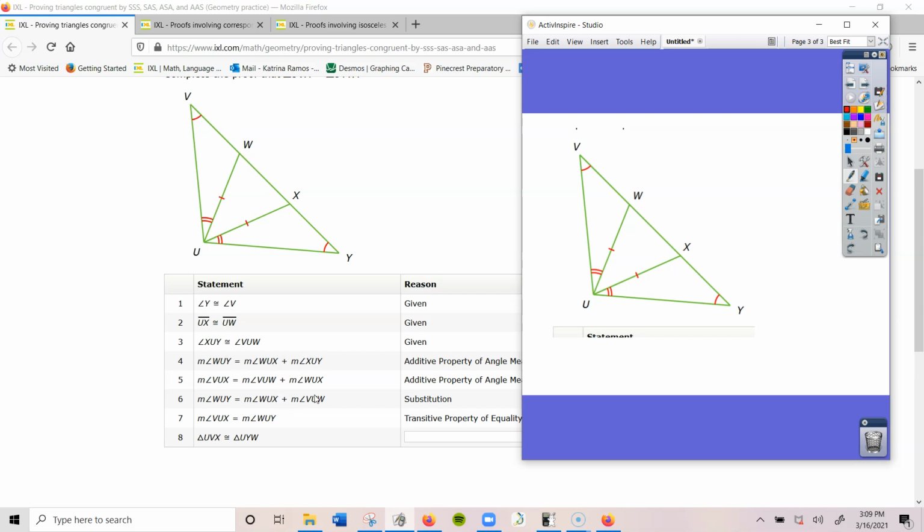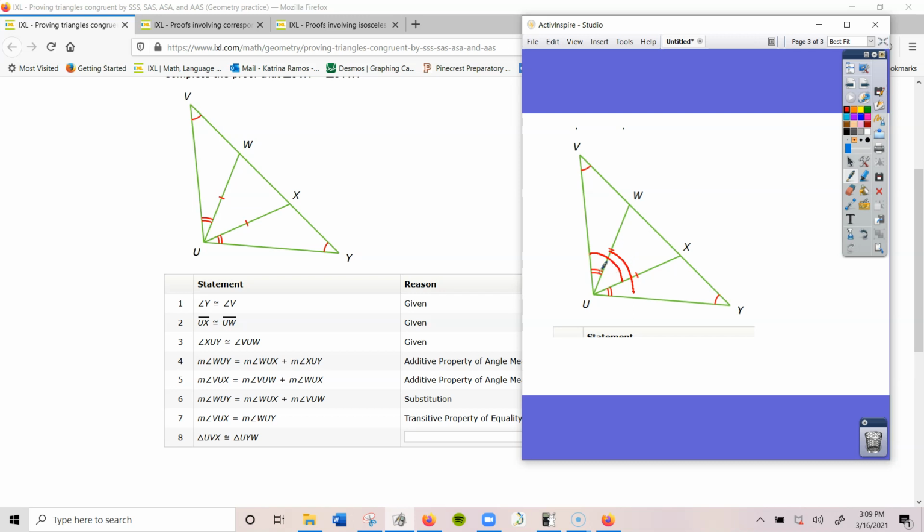You see here that they substituted XUY with VUW since they are going to be the same angle, and that's by substitution. So those two angles would be congruent as well. So this is VUX, which is this angle here, is congruent to WUY, which is this angle here.